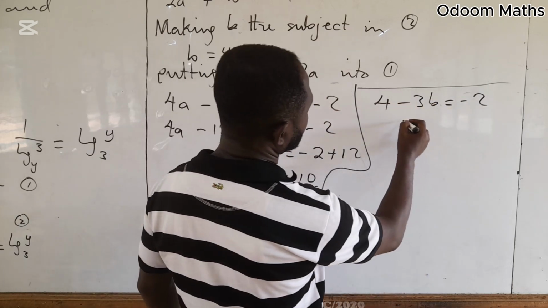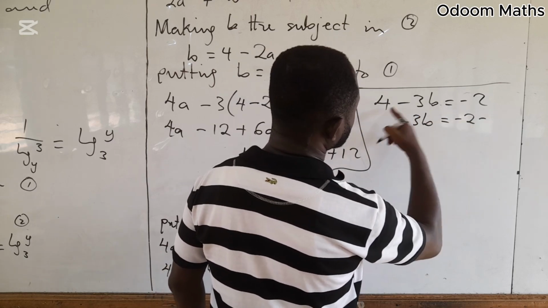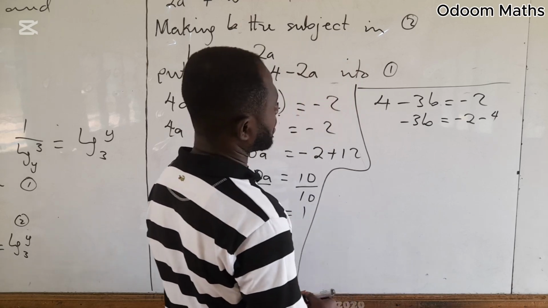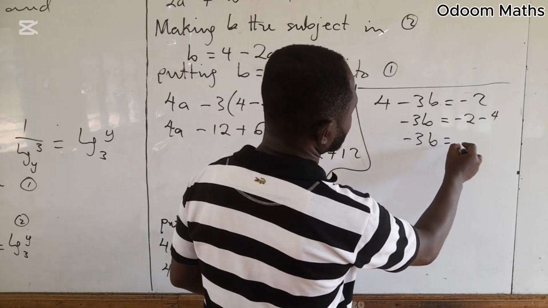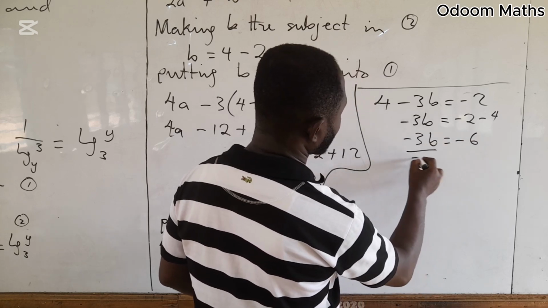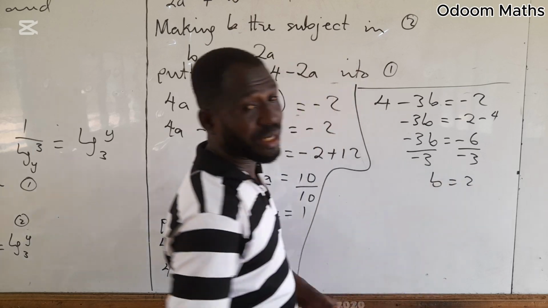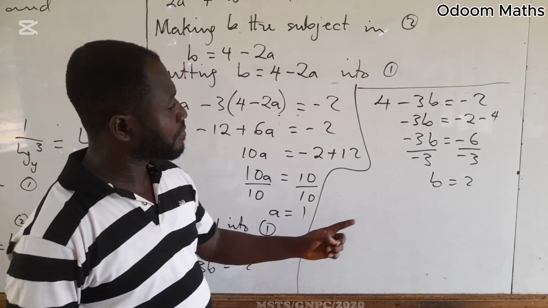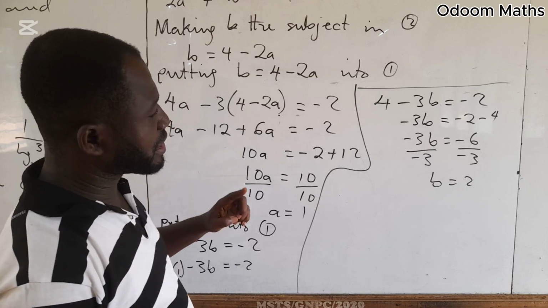So negative 3b equals negative 2 minus 4, which is negative 6. Then we divide both sides by negative 3, and b becomes 2.